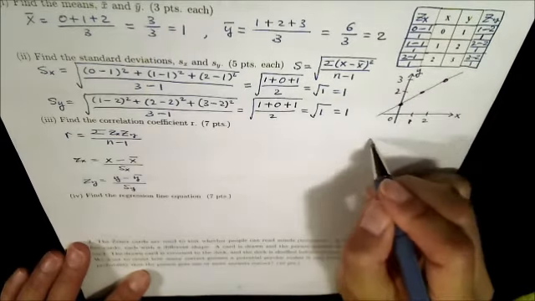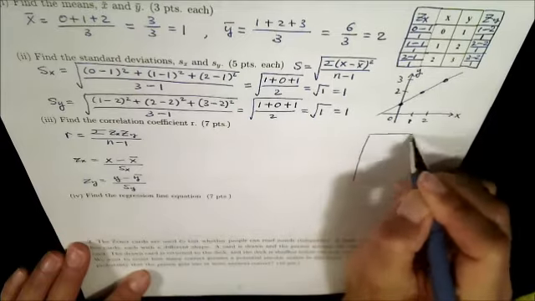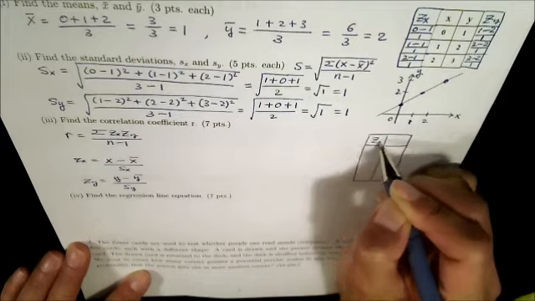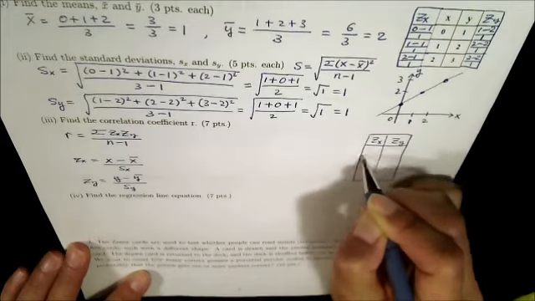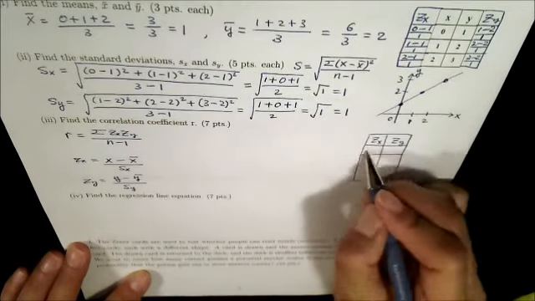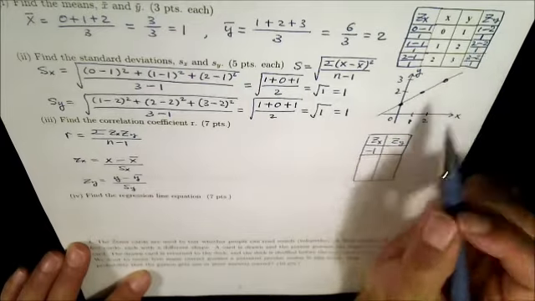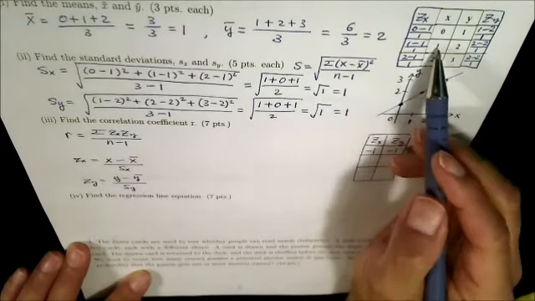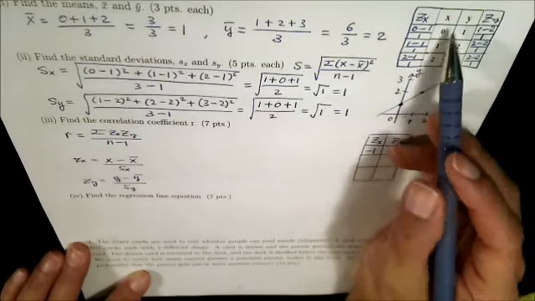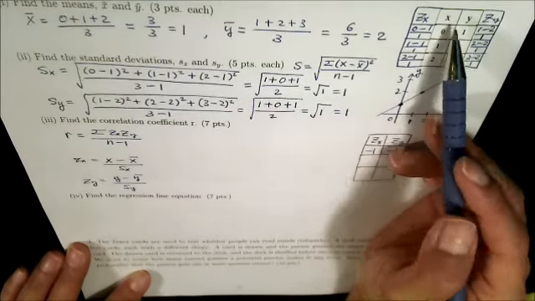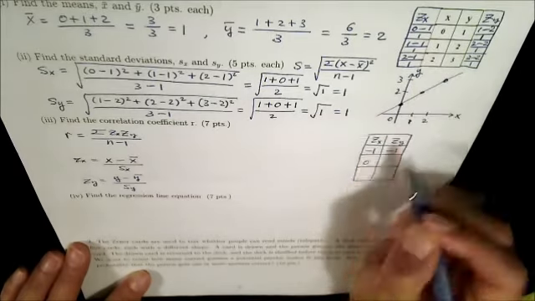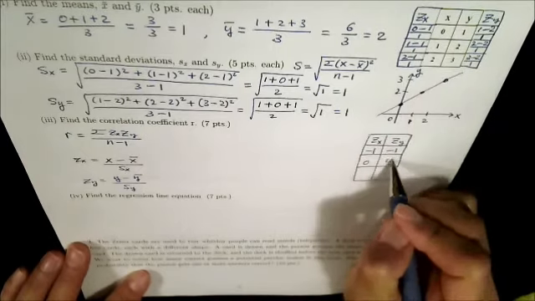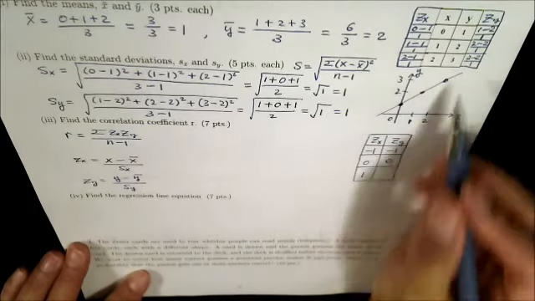So we have the z-scores for the x variable and the y variable. The first one, negative 1, and for y again negative 1. The second variable for x is 0, and for y it equals 0. The third is 1 and 1.